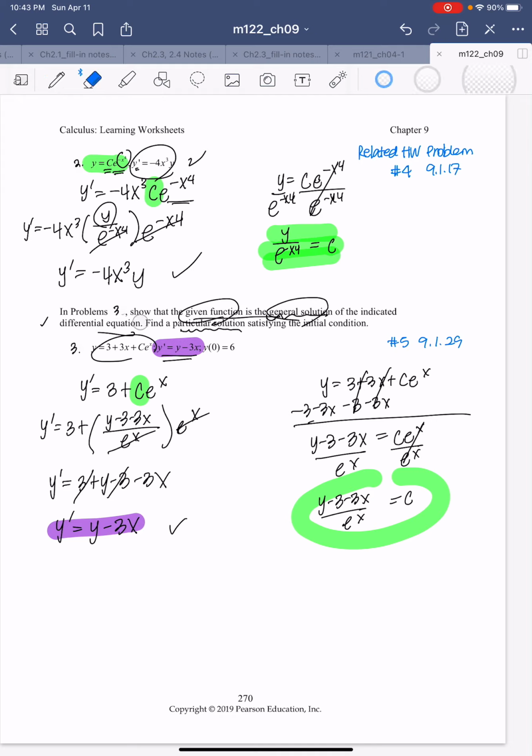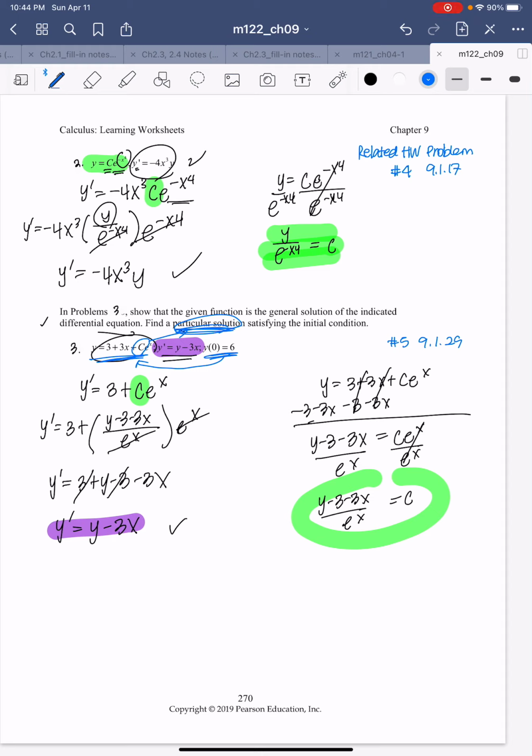Now the second part tells us to find the particular solution. This is general because c can be an arbitrary constant. Now they want you to find the actual c value, so that is a particular solution. I'm going to use this one to plug it in and solve for c.